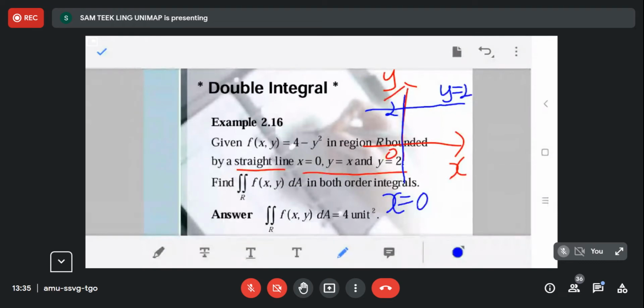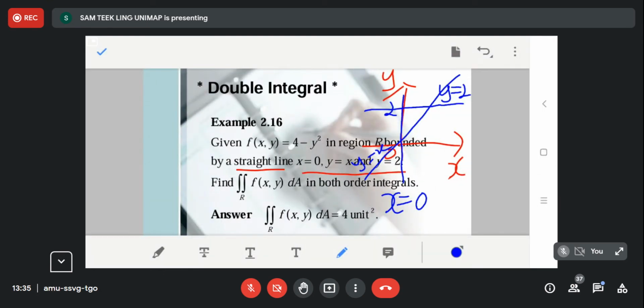Then y equals x is a straight line. So this one is y equals x. So we got three lines. Then this is the area bounded by three lines.